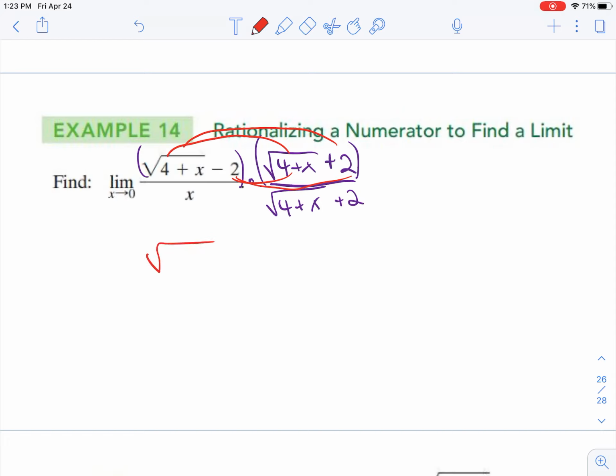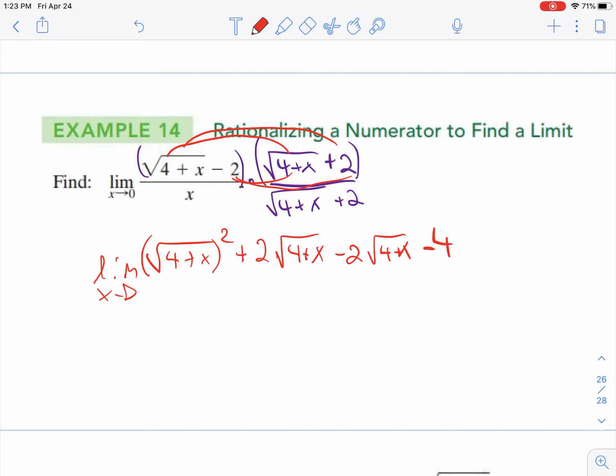So we're going to get the square root of 4 plus x quantity squared, and then we're going to get 2 square root of 4 plus x minus 2 square root of 4 plus x minus 4.